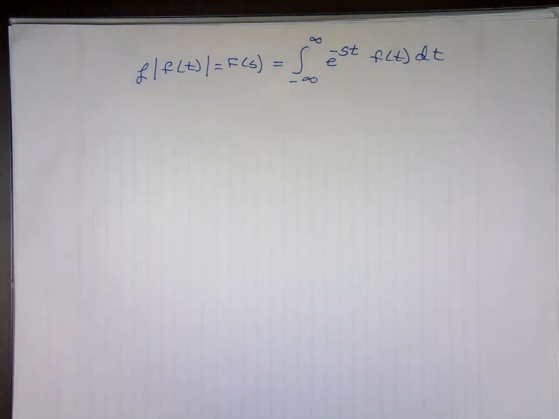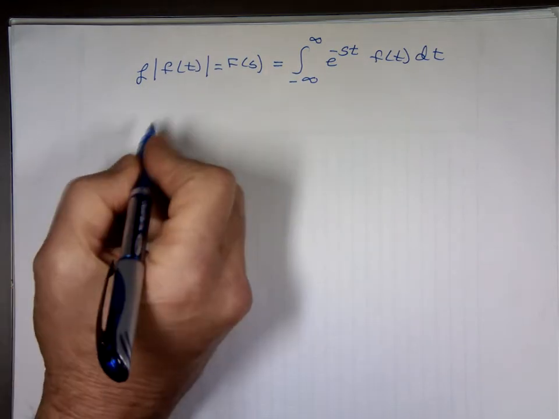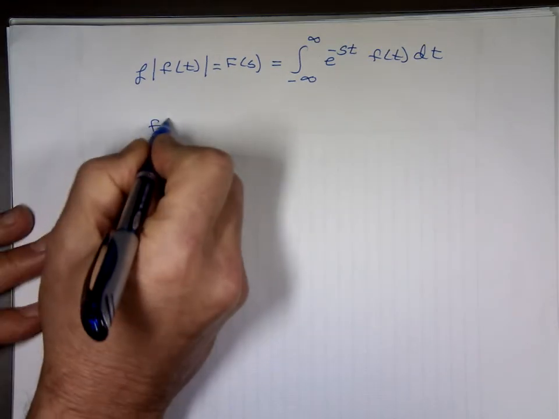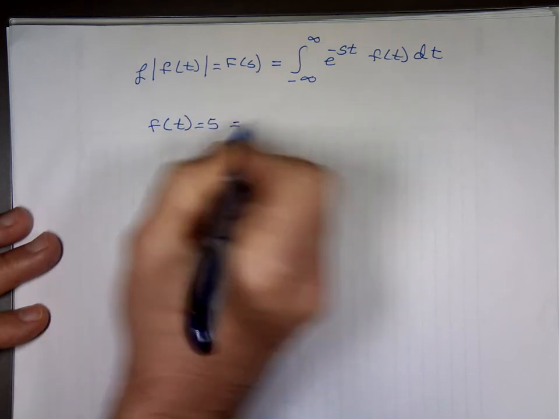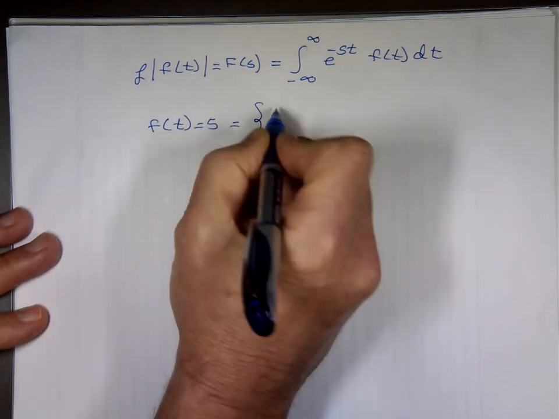Now for you and I, when you build a circuit, the circuit was not built minus infinity years ago. So when you have a DC source, we say your source f of t equals 5. What that means really, when you walk into the lab, that's t equals 0.